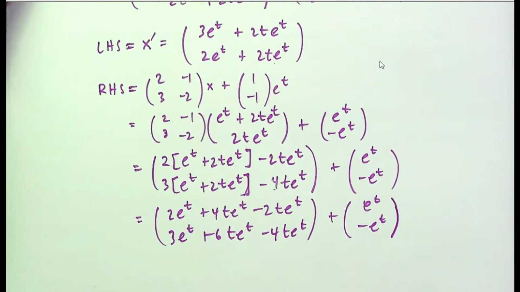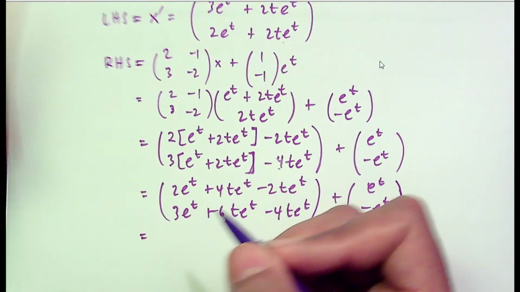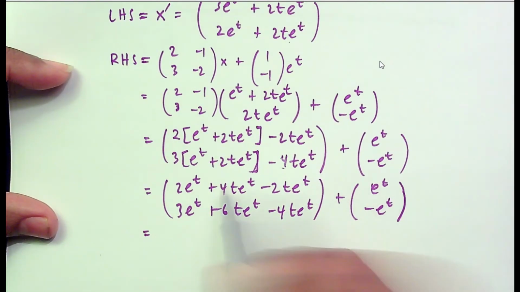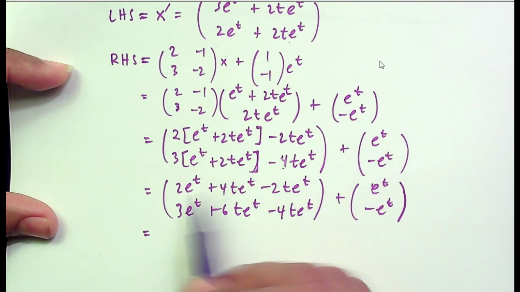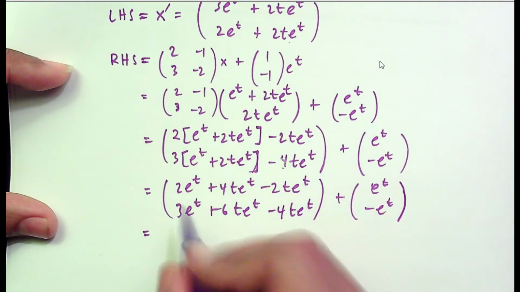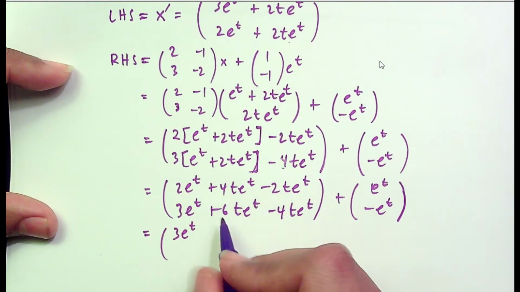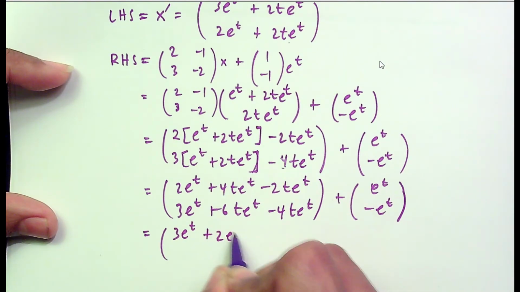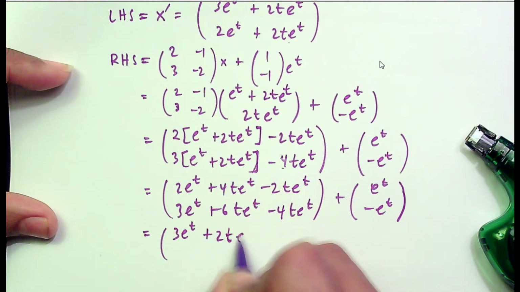And now I just combine like terms. We're adding that, we're simplifying that, but also adding this one. So we can add the 2 e to the t and this e to the t, that's going to give us 3 e to the t. And then adding these two, which are like terms, you're going to get 2t e to the t.